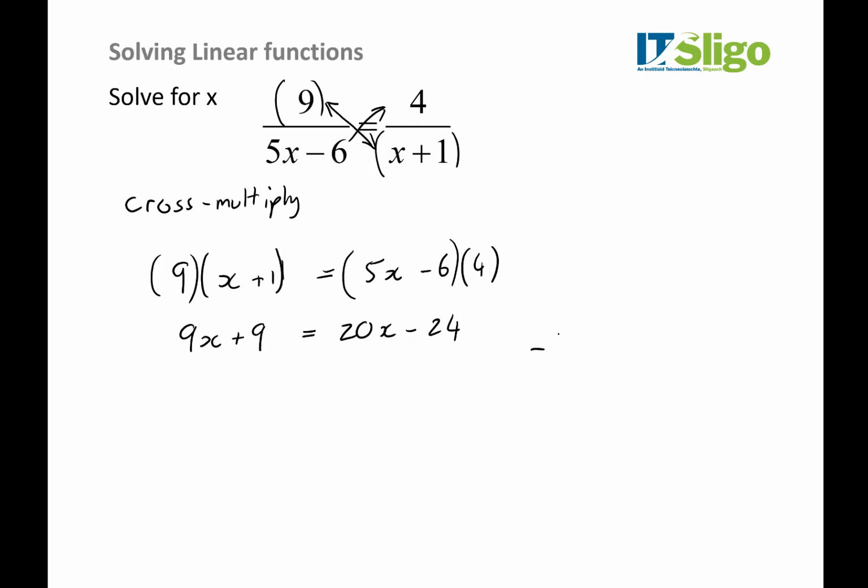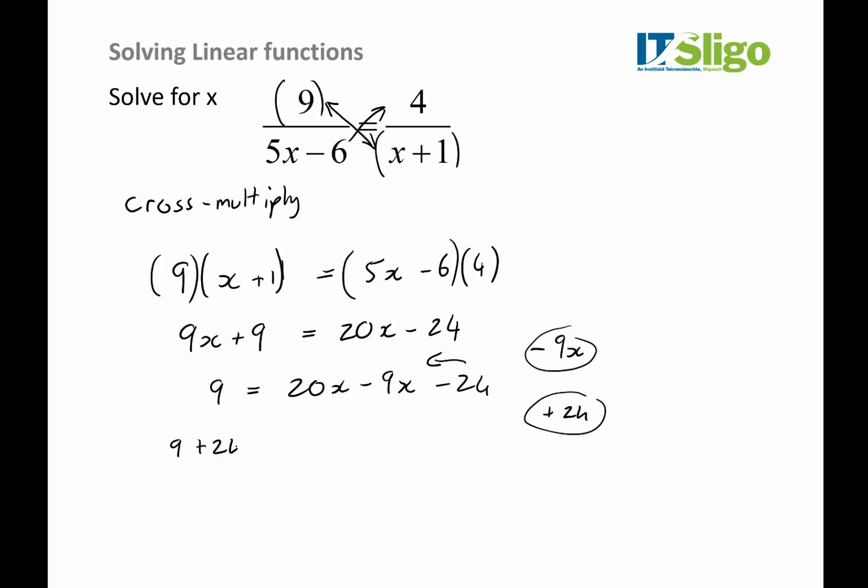So I'm going to subtract 9x from both sides. So 9 is equal to 20x minus 9x minus 24. Now, guys, I'll add 24 to both sides to move this guy over to the right.